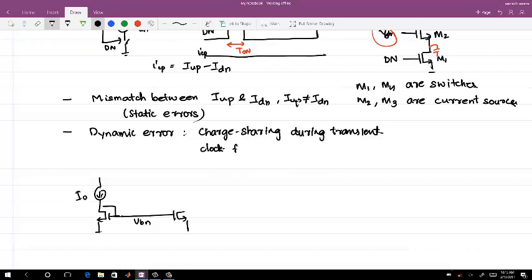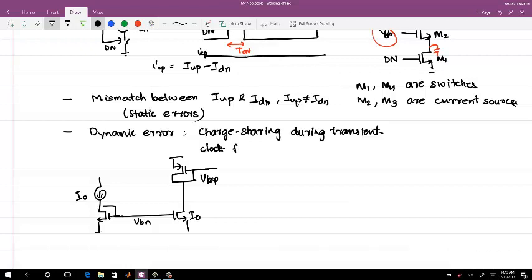Because I want the same I naught current, this is the brute force way of getting the current source. So I will have this as I naught, and the PMOS will also carry the current, so I can generate VBP like this, right? And I will give this VBN and VBP to the current sources in the charge pump.